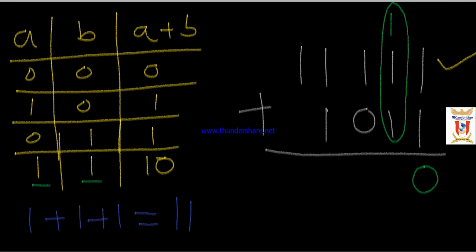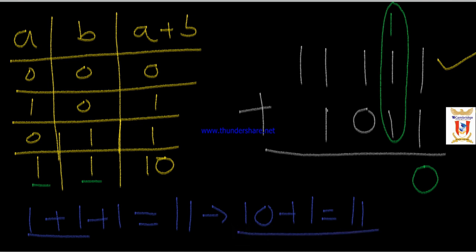You know that 1 plus 1 is 10, plus 1 will be 11. This is how it works. So let's see: 1 plus 1, 10, plus 1, 11. 1 here and 1 carry forward.